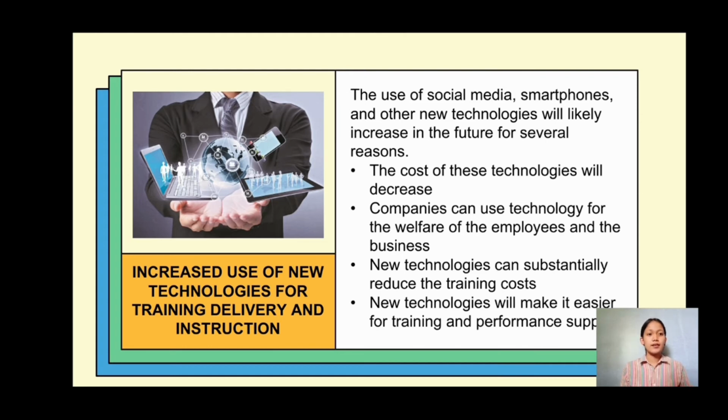Second, companies can use technologies to better prepare employees to serve customers and generate new business. Third, the use of these new technologies can substantially reduce the training cost related to bringing geographically dispersed employees to one central training location.